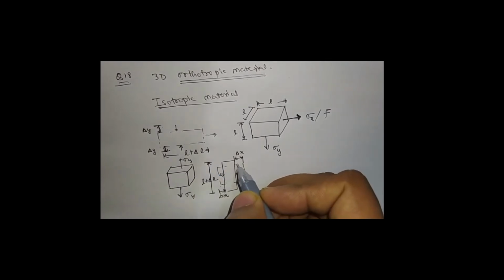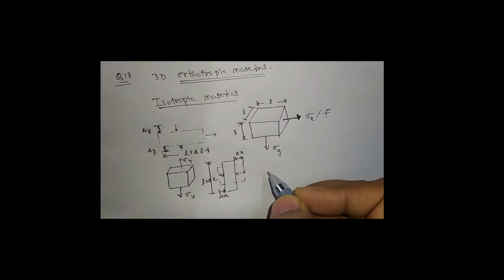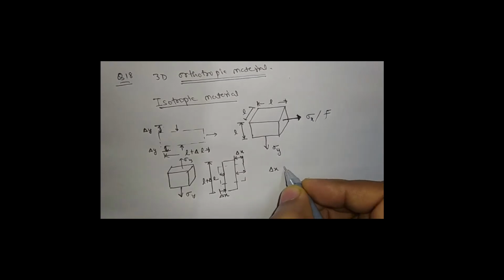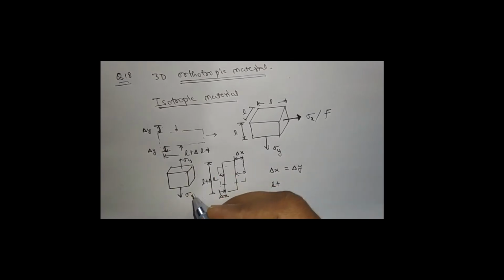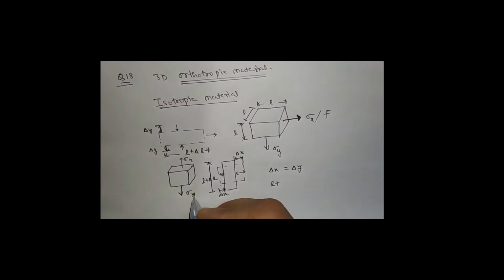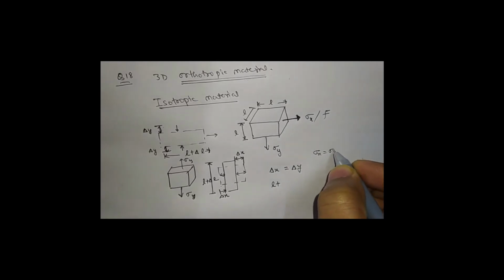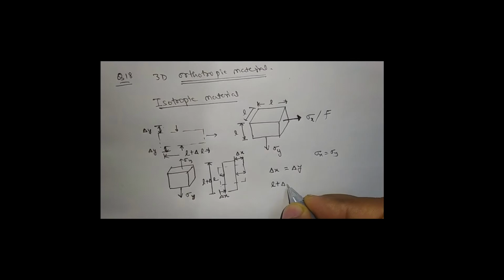In both cases, if the material is isotropic, then del X will be equal to del Y, and the total change in the Y direction will be the same because of the same force. If sigma X is equal to sigma Y, then this will be the same in the X direction and Y direction.